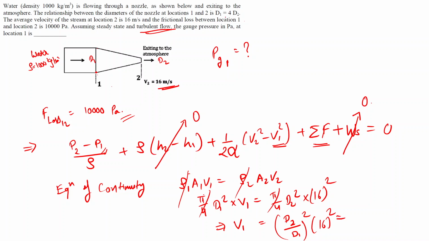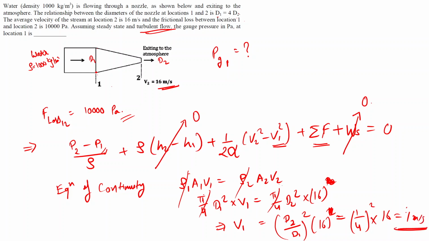So over here we have been given that d1 is 4 times d2. That implies d2 upon d1 will be 1 upon 4. So it will become (1 upon 4) whole square into 16. Here we are only having velocity, so this is not squared, this is also not squared, into 16. So V1 will be 1 upon 16 times 16, that is 1 meter per second.